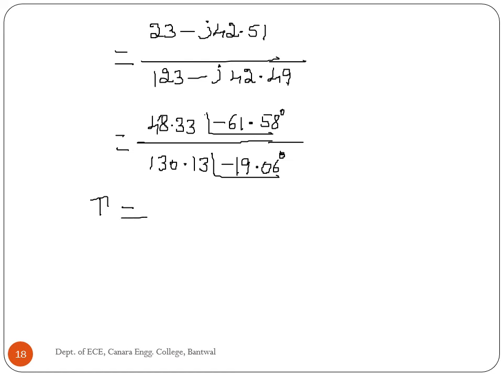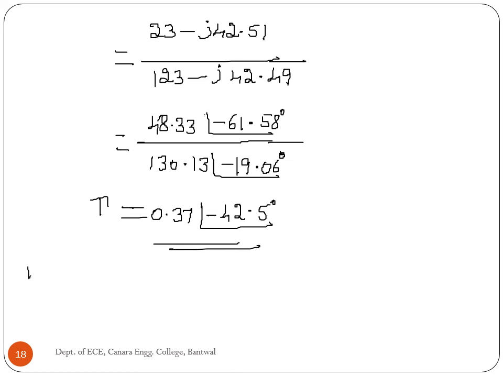Therefore, reflection coefficient: 48.33 divided by 130.13 is 0.37, angle minus 61.58 degree minus of minus 19.06 degree is equal to minus 42.5 degree. This is the reflection coefficient.